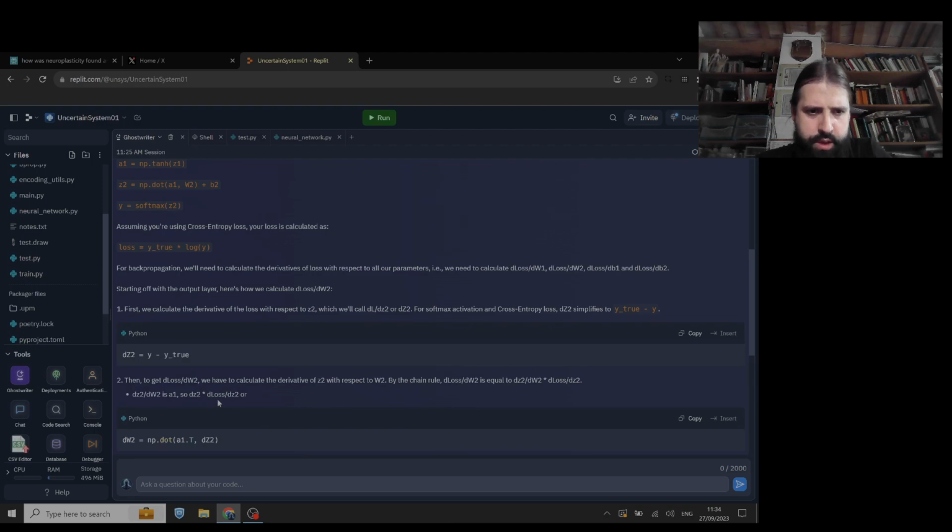And the derivative of the loss with respect to z2, so it's the derivative of log. What's the derivative of log y?